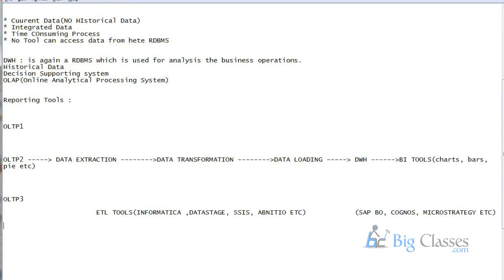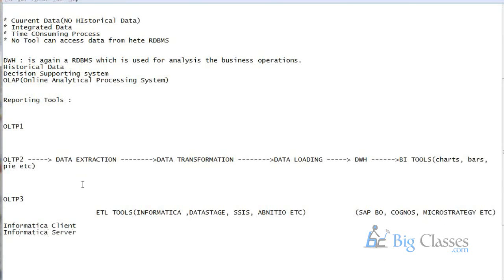In Informatica we have two kinds of tools: the Informatica client tools and the Informatica server.